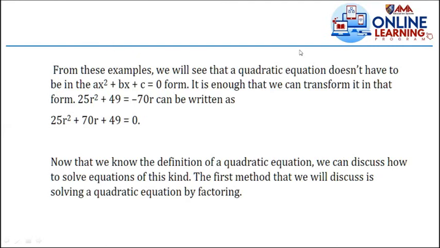It is enough that we can transform it into that form. 25r squared plus 49 is equal to negative 70r can be written as, so we're going to arrange this one, 25r squared plus 70r plus 49 is equal to 0, which means we arrange the equation to comply with this quadratic equation form. Okay?